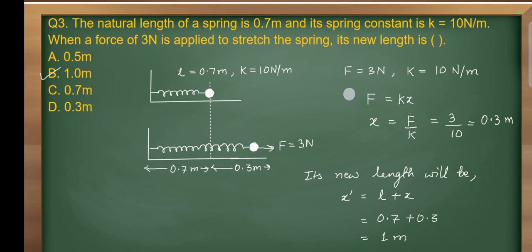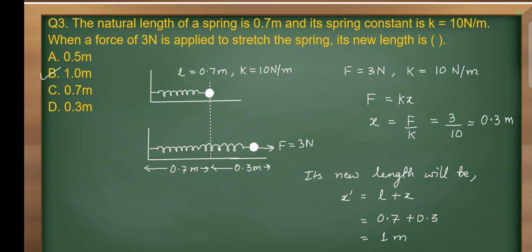Question number 3. The natural length of spring is 0.7 meter and its spring constant K is 10 Newton per meter. When a force of 3 Newton is applied to the spring, its new length is. Initially, the natural length of spring is 0.7 meter and spring constant K is given as 10 Newton per meter.